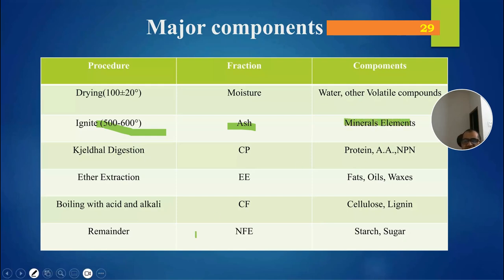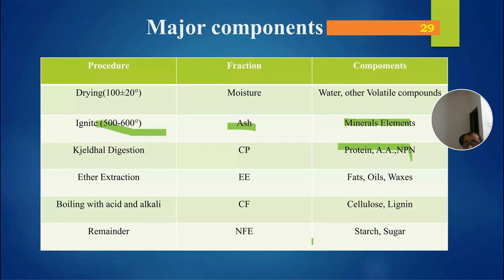Then Kjeldahl digestion gives crude protein. The protein, amino acids, and non-proteinous nitrogenous matter will be related. Whereas the ether extract is always the fat which is present in different parts of the food. Then this fraction contains the cellulose and lignin, whereas the ether extract contains fats, oils, and waxes.